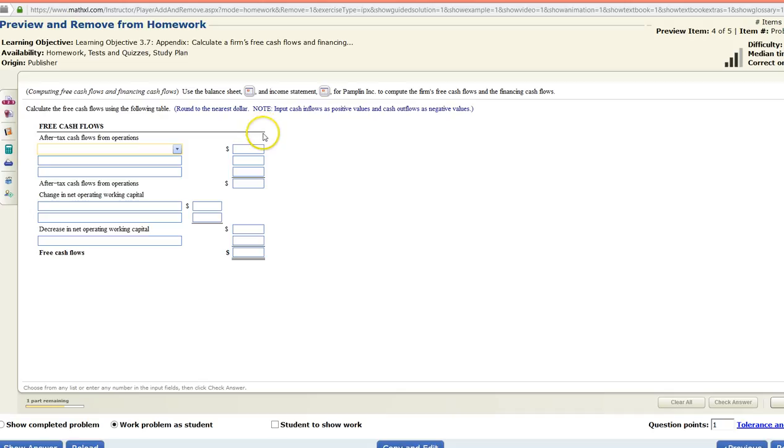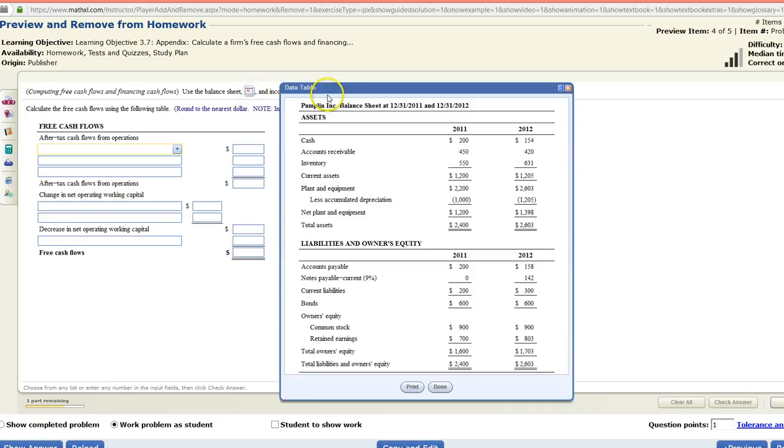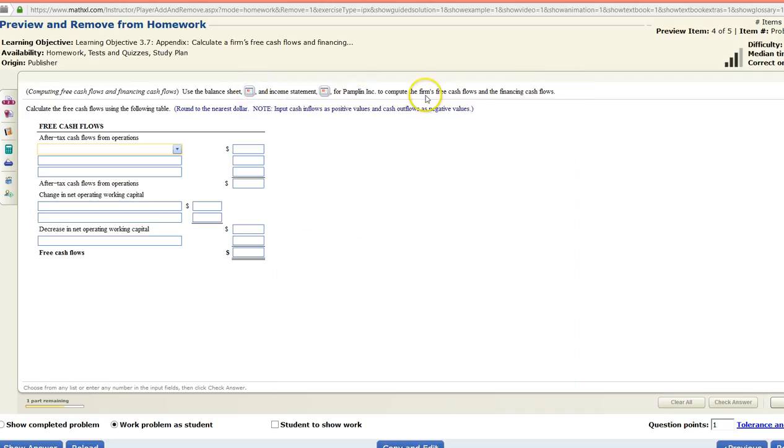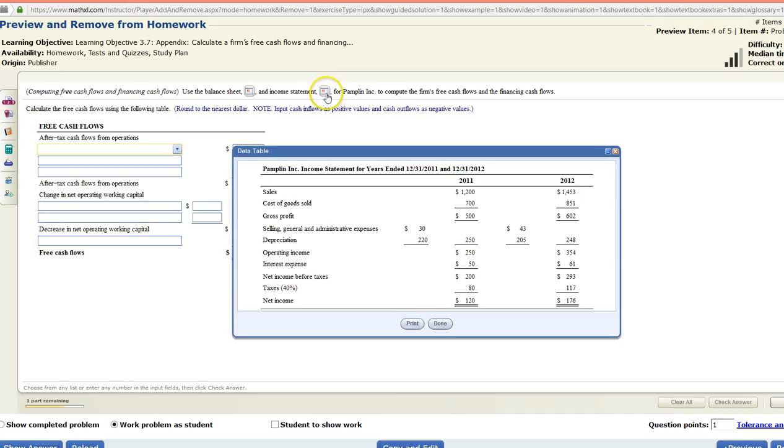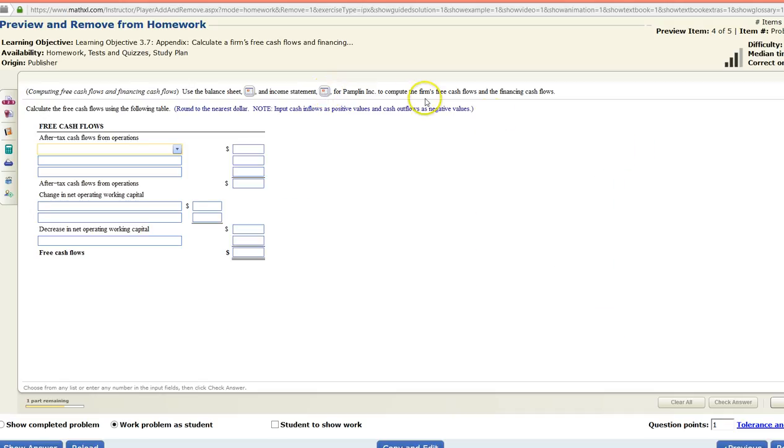It's also a very good example of how to do the financing cash flow calculation, especially if we don't know the dividend. Here, the dividend information is not directly given. So how can we get that information from the two statements, the balance sheet and the income statement? We can click on these tables to get the numbers.